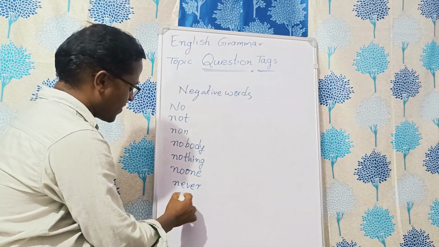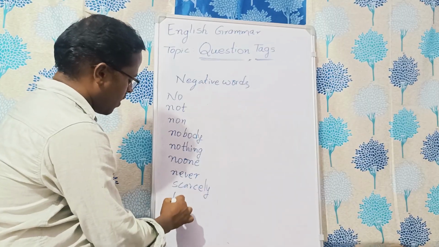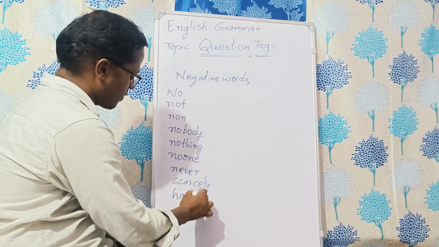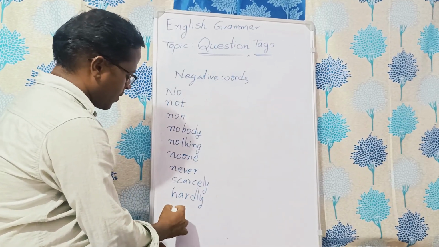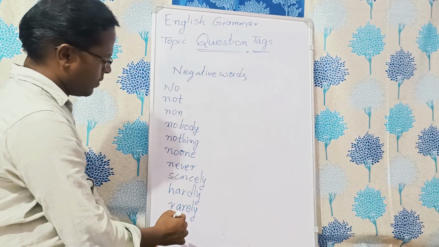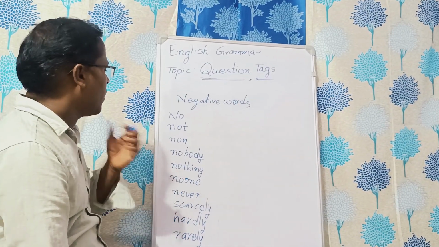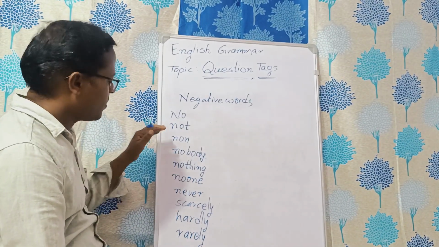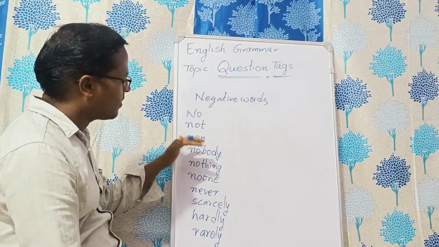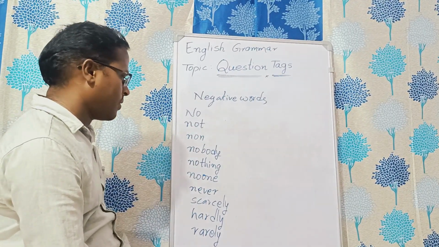Some other words: scarcely, hardly, rarely. So all these words represent a negative sentence. If these words are there in a sentence, that sentence is considered a negative sentence.